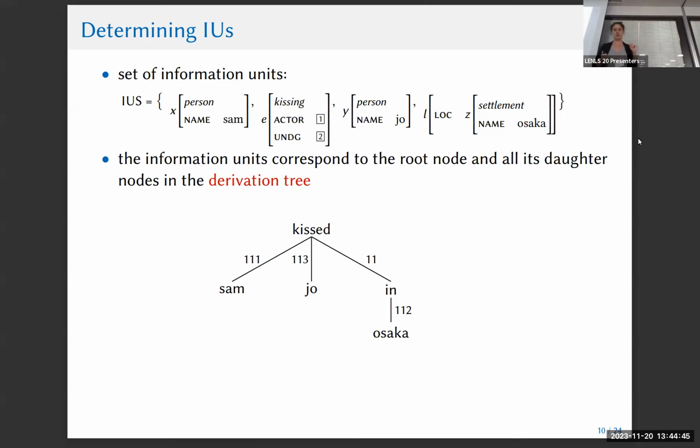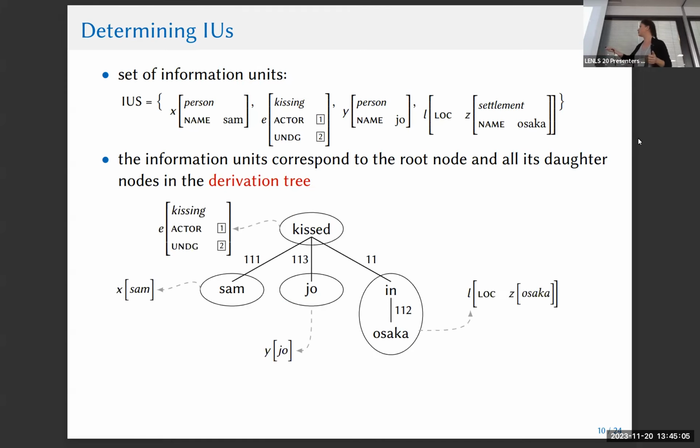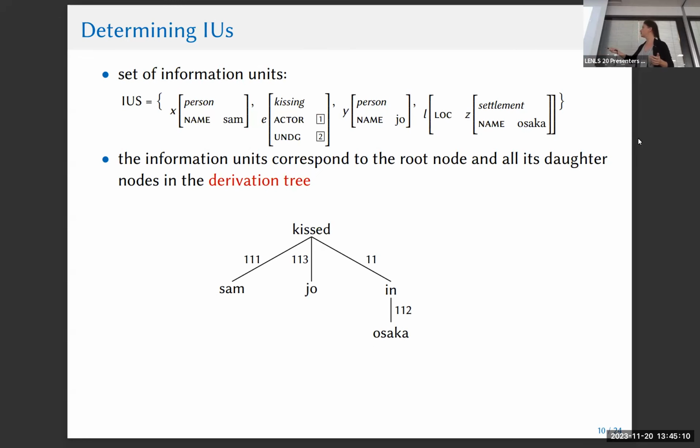The information units will correspond in TAG. You not only have the derived tree, but a very important component, where a lot is happening, is the derivation tree. So how you composed your sentence. That keeps track of what ingredients you use and how you compose them. So you have the structure for kissed, and the structure for Kim, and then the tree for Sam is inserted at node 111.